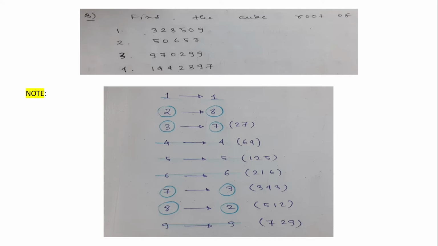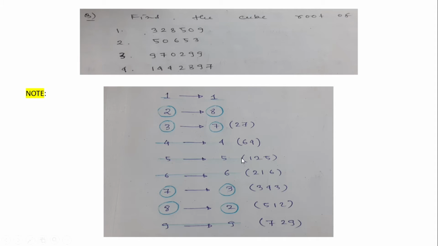For that we should know one thing, that 1 cube is 1, 2's cube is 8, 3's cube is 27, and this is the thing. We just have to know the last digit of the cube, like 3 cube is 27, and we have to remember just the last digit, that is 7, and also 4's cube is 64, and the last digit is 4.